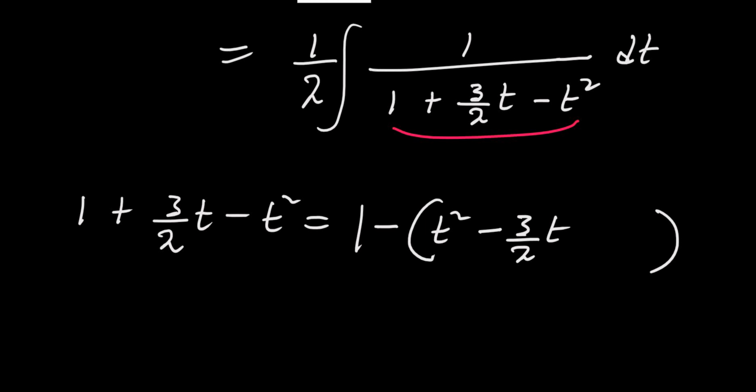So we can divide these by 2, square it and add it, so 3 over 2 divided by 2 will give us 3 over 4.